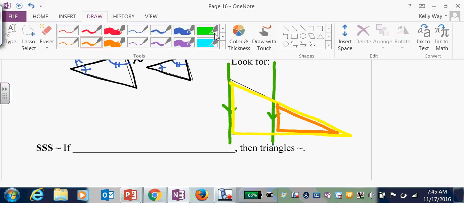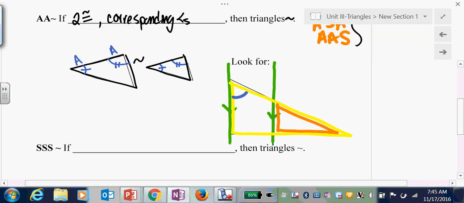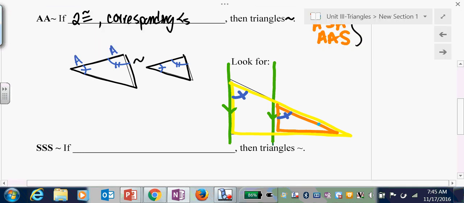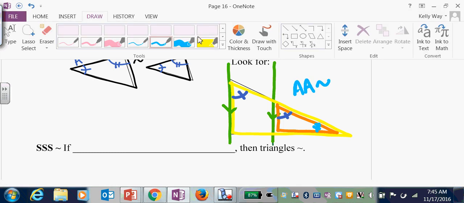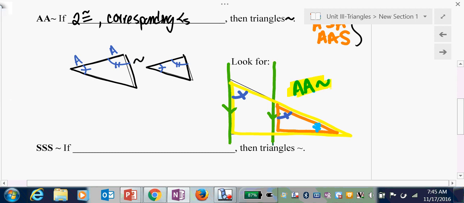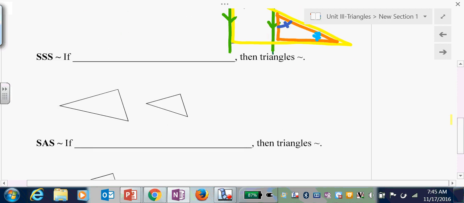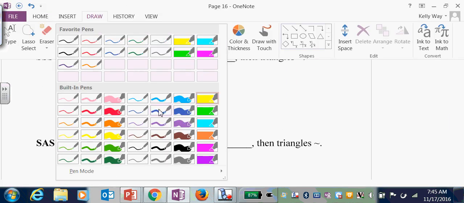Because of the parallel lines, these blue angles are congruent because they are corresponding. In this case, they also share this angle out here. So watch out for this situation because these two triangles, the yellow and the orange, are similar by angle-angle similarity. When you use these shortcuts, you have to use that similarity symbol. So that's one shortcut. The next shortcut says this.